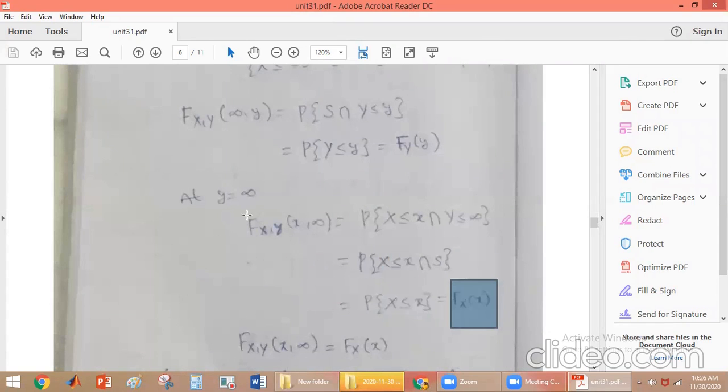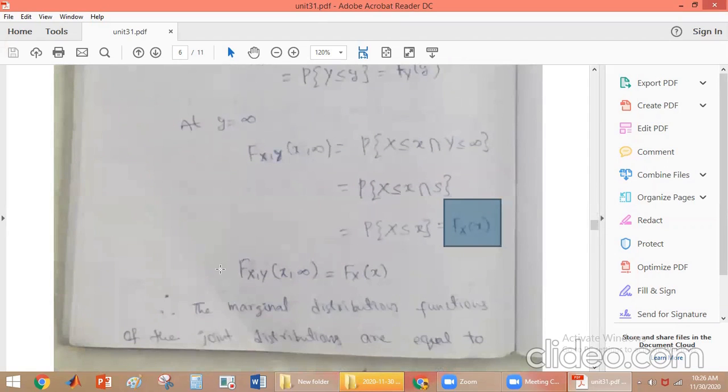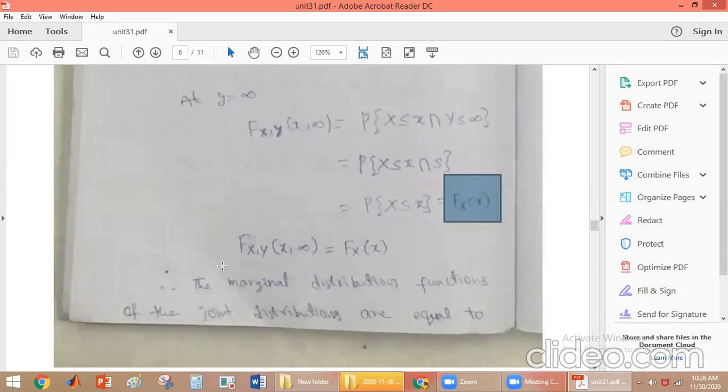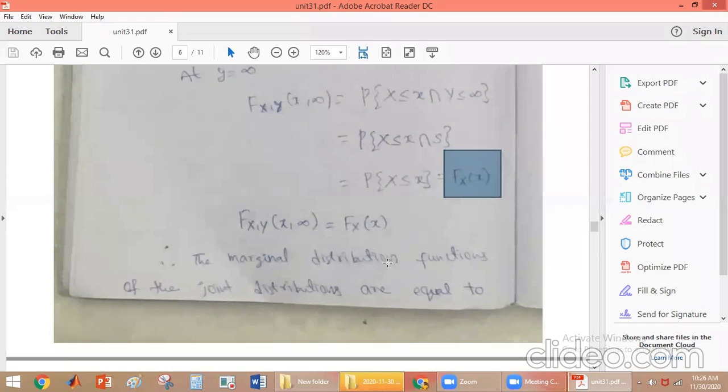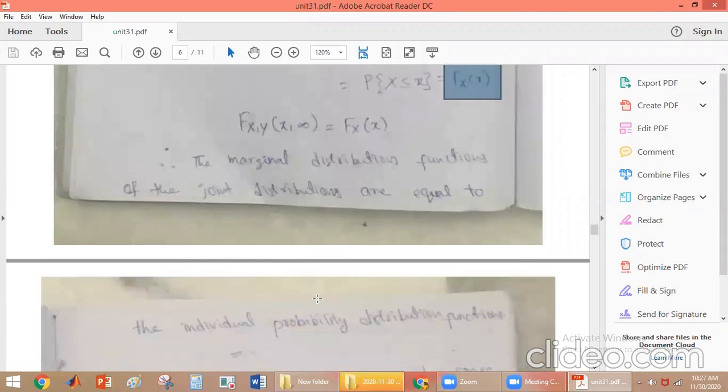From this we know that the joint probability distribution function will be equal to the cumulative distribution function if y is equal to infinity. That is, F_XY of x comma infinity will be equal to F_X of x. The marginal distribution functions of the joint distribution are equal to the individual probability distribution functions.